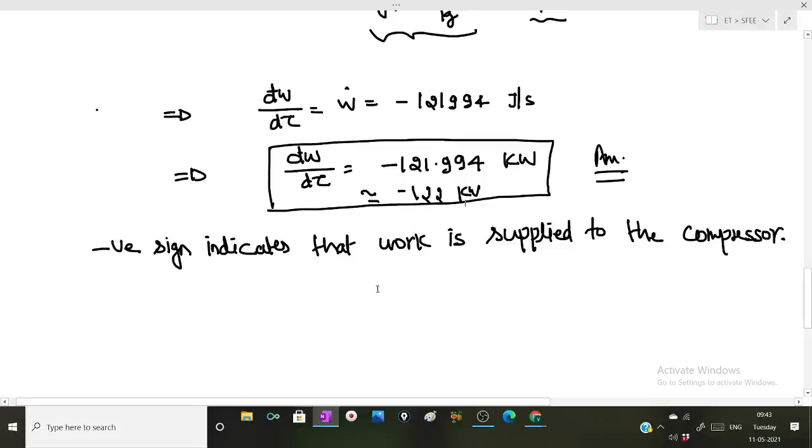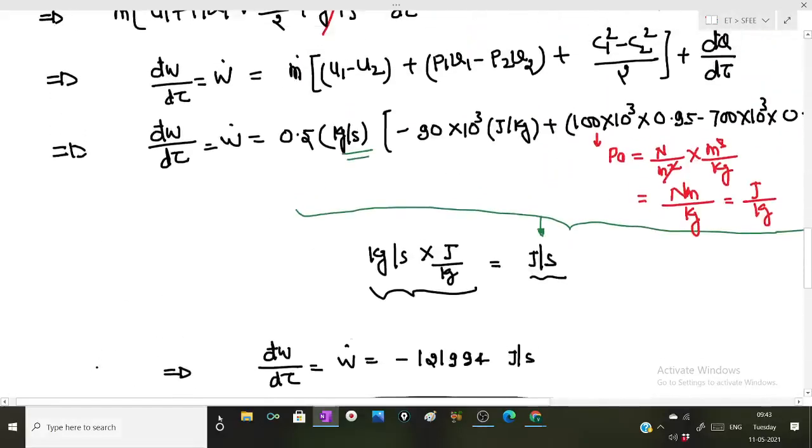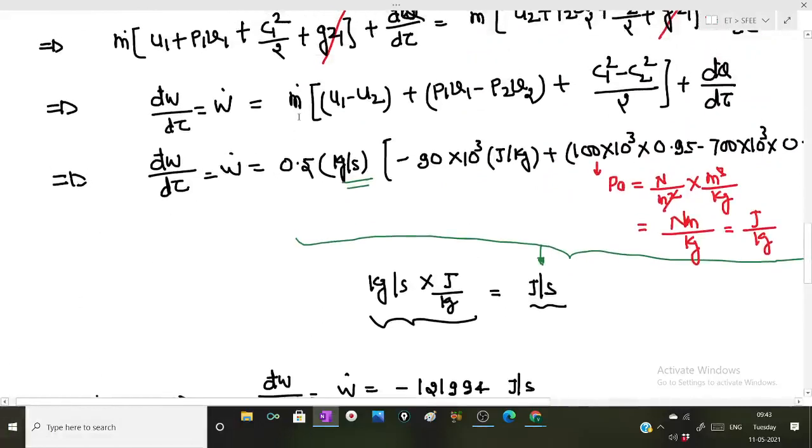So what is the point which is the highlight of this entire discussion? Balancing of the units, that is balancing the units of the quantities represented by m dot into all the quantities in the bracket, and the unit of dq by d tau.